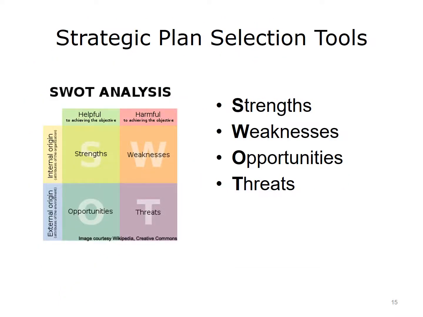One of the most commonly used tools for project analysis and selection is called SWOT. SWOT helps identify strengths, weaknesses, opportunities, and threats in potential projects. SWOT analysis is usually performed by groups of subject matter experts in an organization. In simple terms, SWOT is a series of brainstorming sessions.